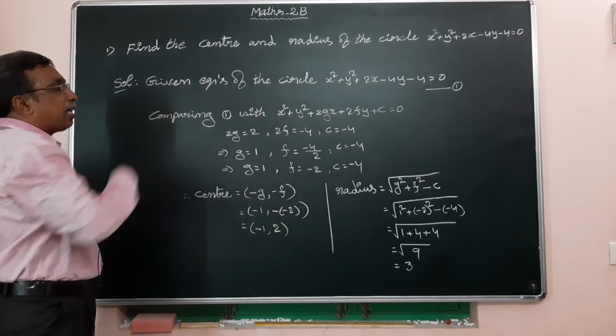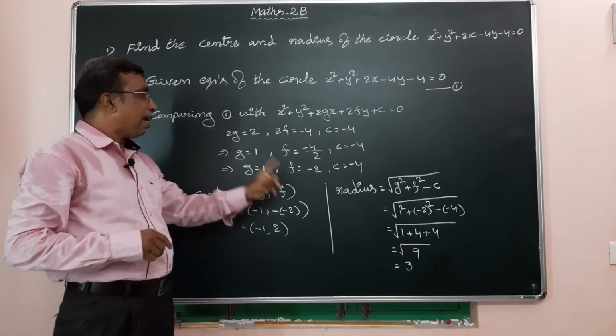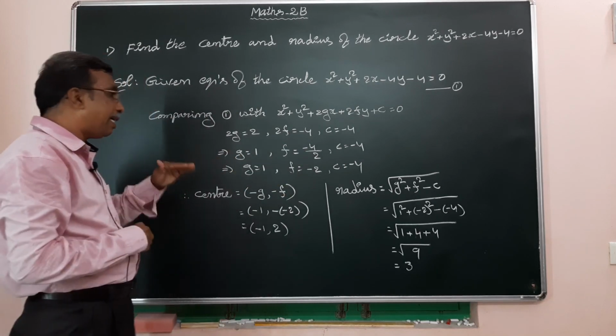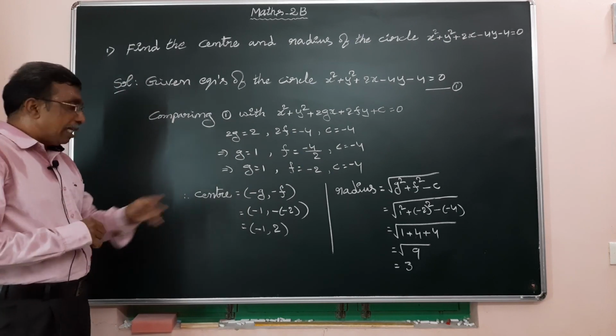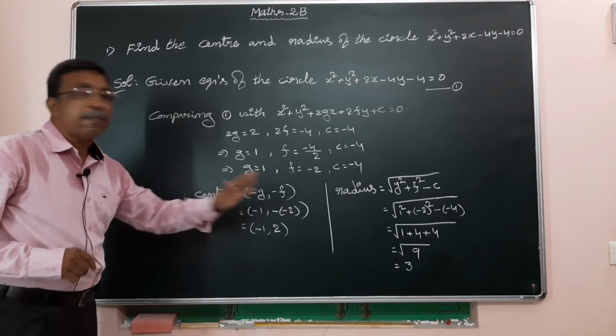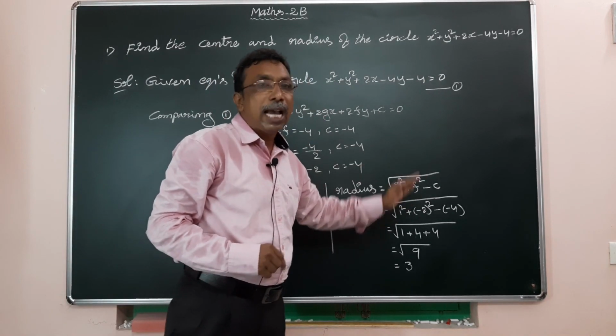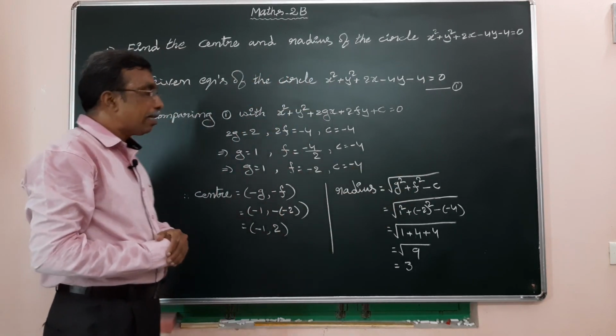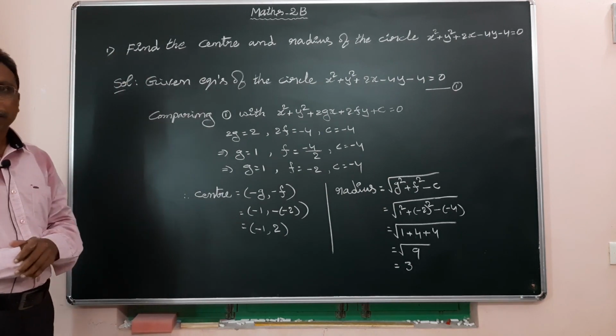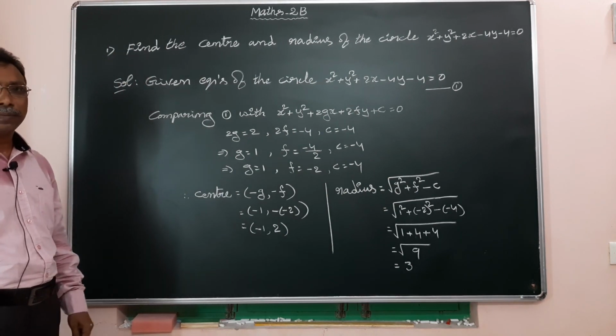After that, comparing the two, write g, f, c values. Next, we find center and radius. Center formula is minus g, comma, minus f. Radius formula is square root of g square plus f square minus c.